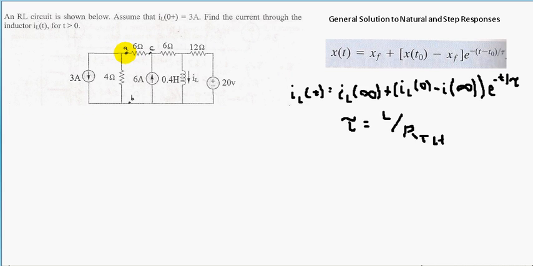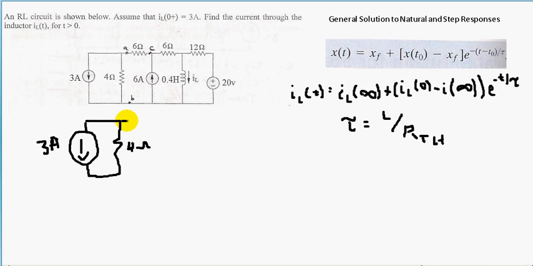We take part of this circuit, remove A and B, and we want to transform it into a voltage source in series with the resistor. Our resistor is 4 ohms, and that would stay the same.